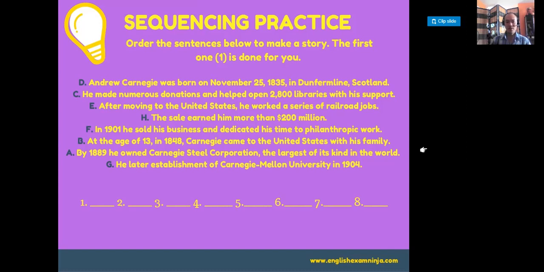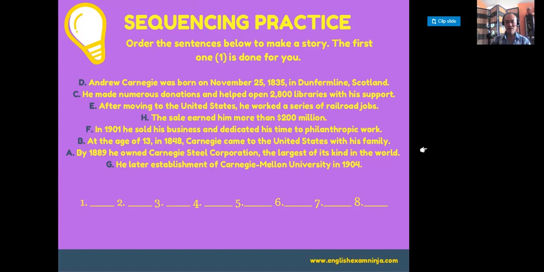In 1901, he sold his business and dedicated his time to philanthropic work. At the age of 13, in 1848, Carnegie came to the United States with his family. By 1889, he owned Carnegie Steel Corporation, the largest of its kind in the world.